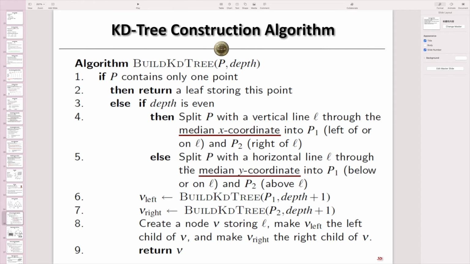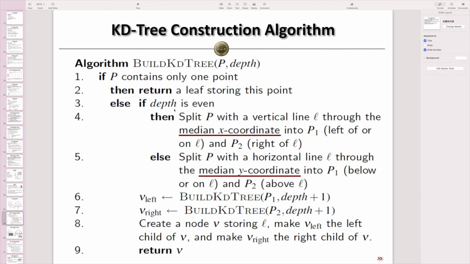In other words, we split according to the y-axis, and we can split the region P with a horizontal line L through the median y coordinate into P1 and P2 as well. Here we also use the median y coordinate, so we can ensure half the points will be above the line and half will be below.